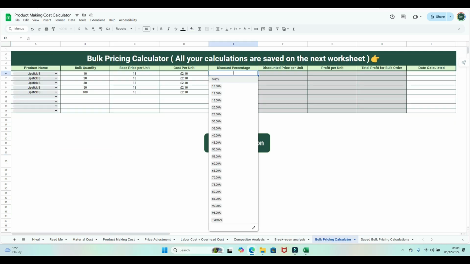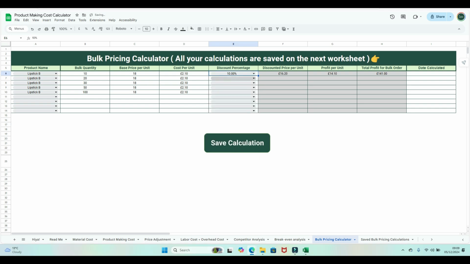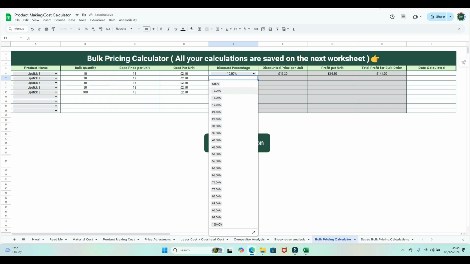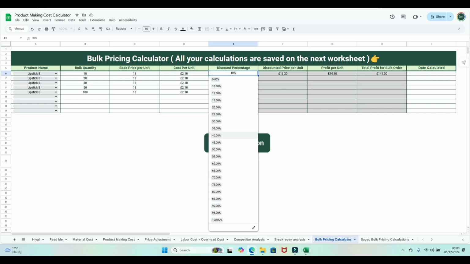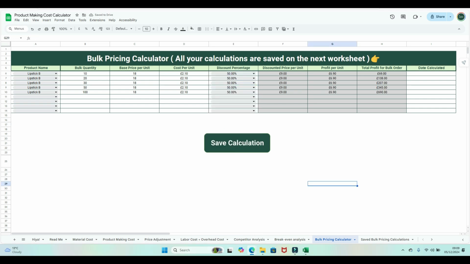So let's go back to bulk pricing. We say we want to discount. Let's try for 10, we want to give 10%. We want to give, let's say for all of them, we want to try and see if we can make profit for all of them at 50%. Okay, so the discounted price at 50% for different bulk quantity is £9. All right, and then the profit is £6.9.